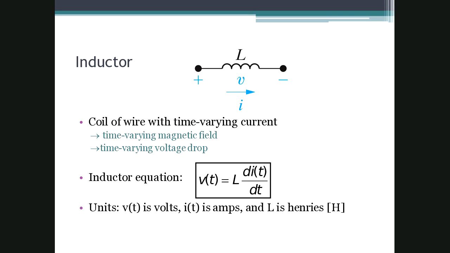The other part of this inductor equation, which you see as d something over dt, just means that we take the function i of t over t as a rise over run of the function, and that's basically what a derivative is. So if we were to graph this function di of t over dt, what looks like a fraction to you, we would be graphing the rate of change and not the actual value of i of t.